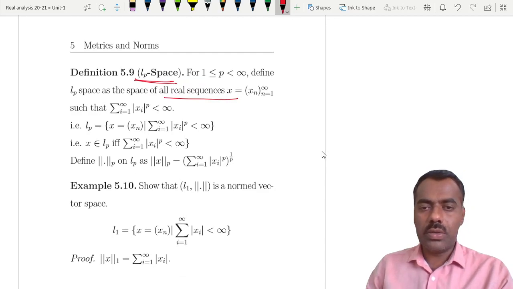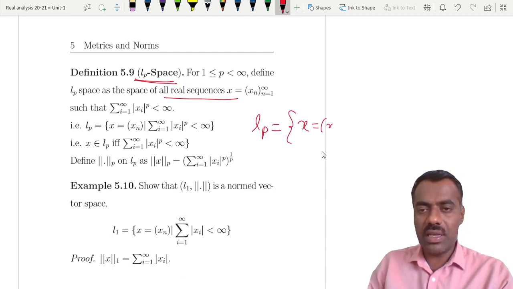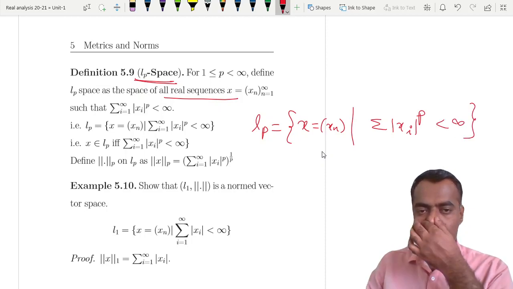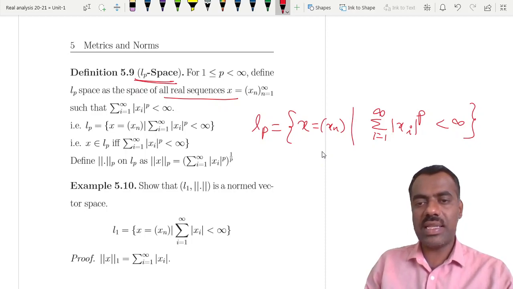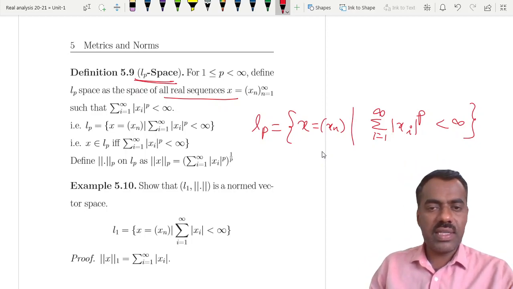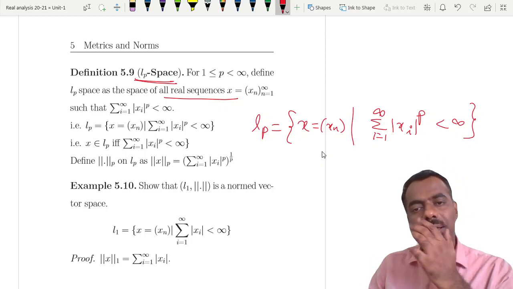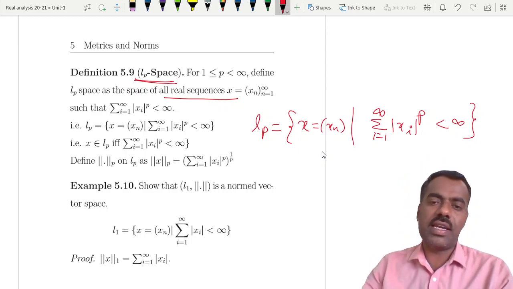So what is your LP? LP is the set of real sequences such that if you take this series, it should be a finite one. Whenever such a condition holds, such sequences are in LP. So LP is the collection of real sequences satisfying this condition.